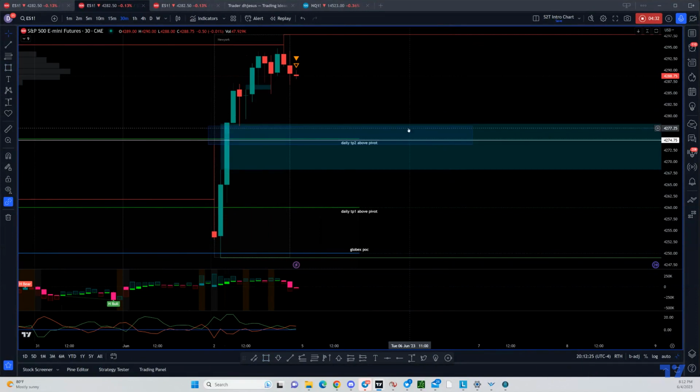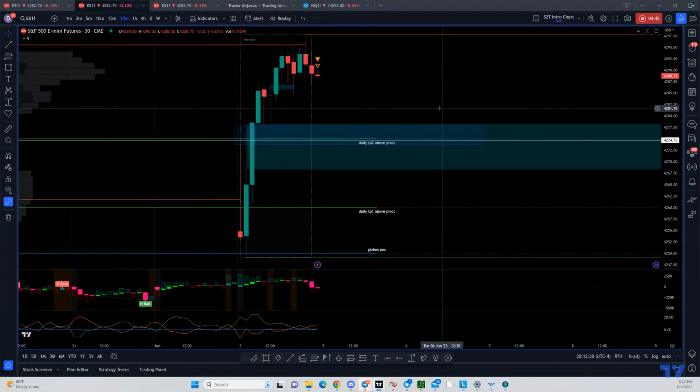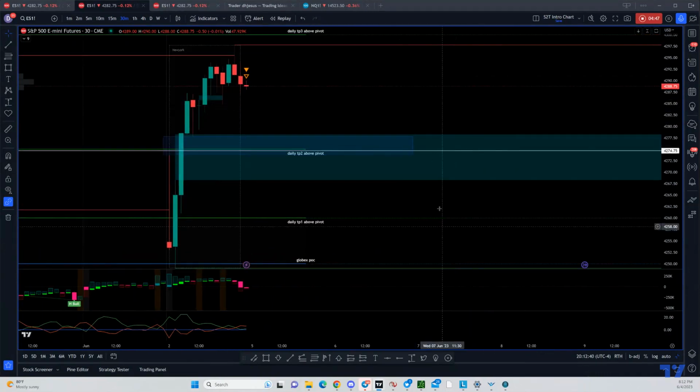It would not go away until it's filled 100%. But what it's telling us is that nothing has been traded from this candle and on. That is what makes it a fair value gap. It just happens to be that it also is a single print at the same time.